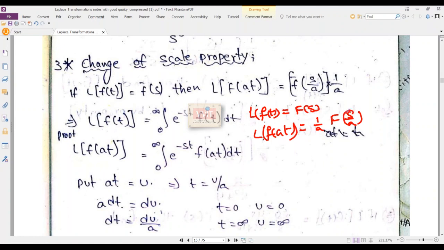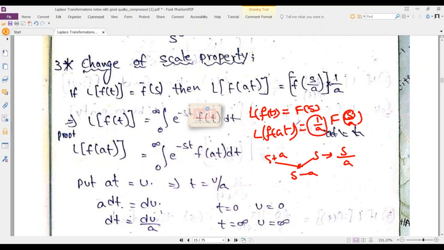So here also we are doing the same, friends. F of s I have to calculate first, later replace s by s by a. In the earlier first shifting property, s is replaced with s minus a or s plus a, depending upon the given problem. So here s is replaced with s by a and multiplied with 1 by a. That's the only extra work.